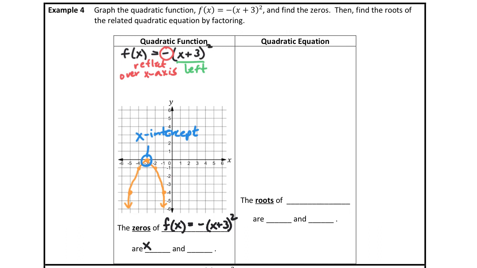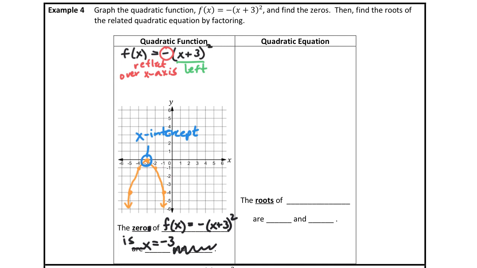So there's only one. So remove the plural and change r to is. The zero of the function is x equals negative 3.